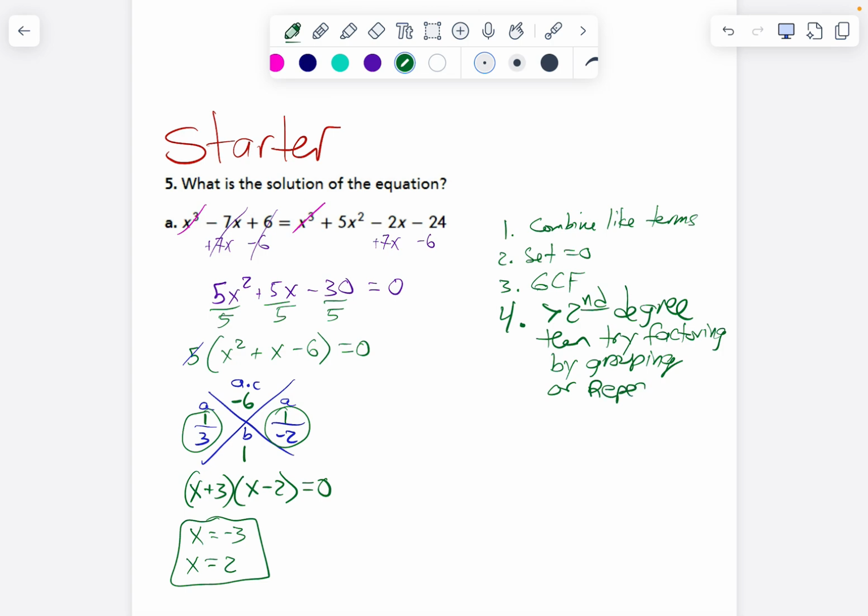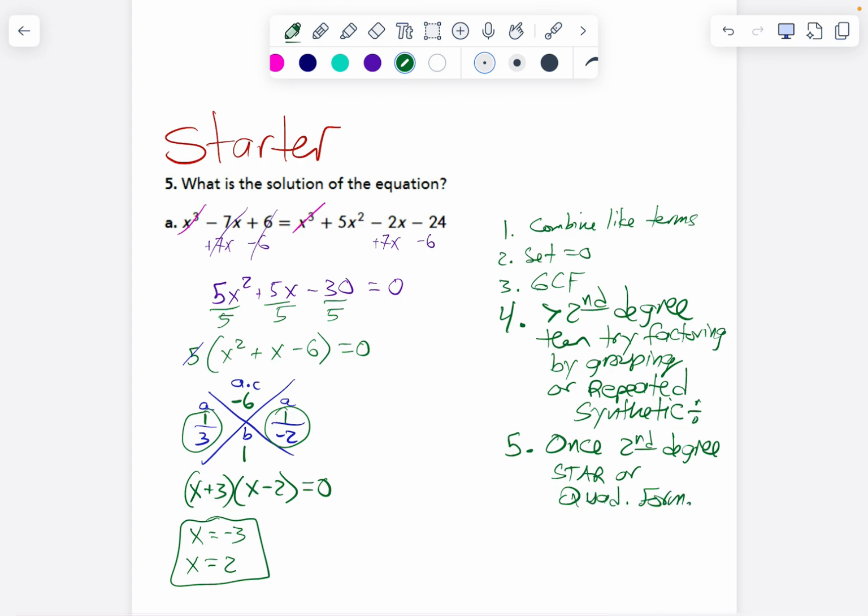Or repeated synthetic division. Okay, and then once we get it down to a quadratic, once second degree, then we'll do star or quadratic formula. Okay, that pretty much lays out the rest of the week.